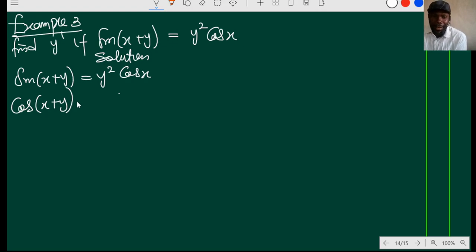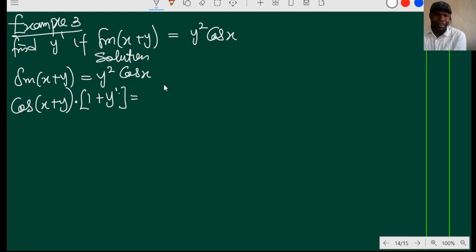That's just the logic. Then when you differentiate x, you get 1, plus when you differentiate y, you get y prime, that is dy/dx. Now this is a product rule: u dv/dx plus v du/dx.